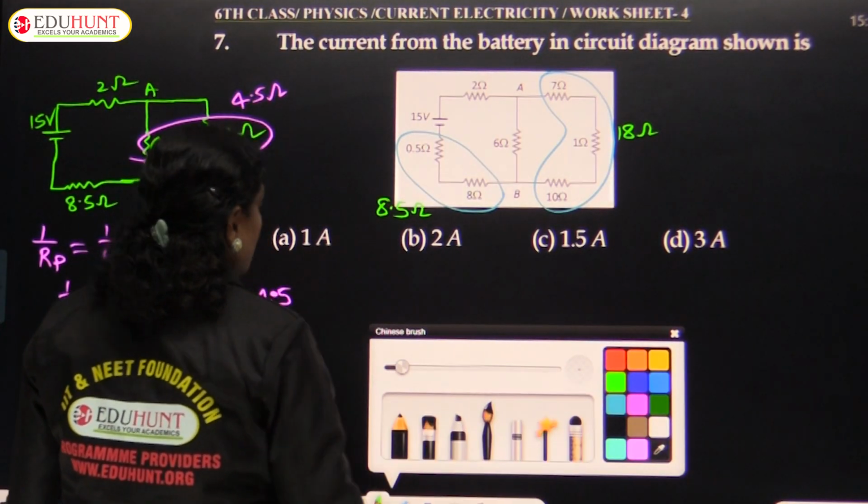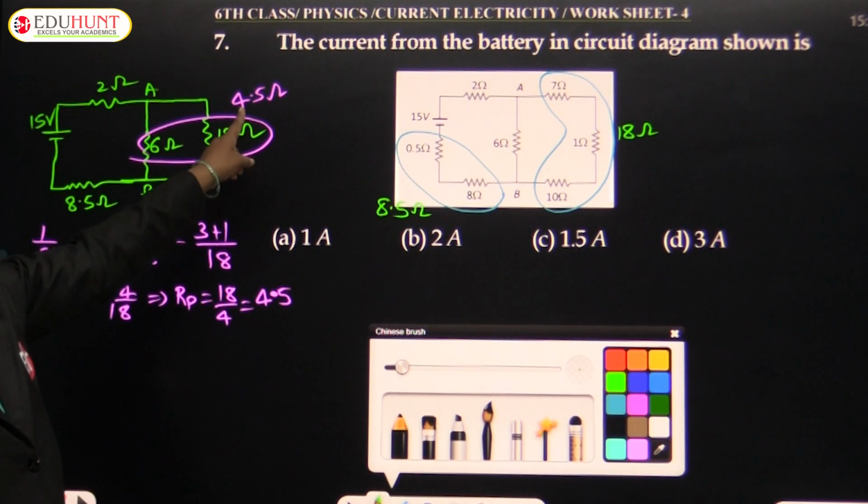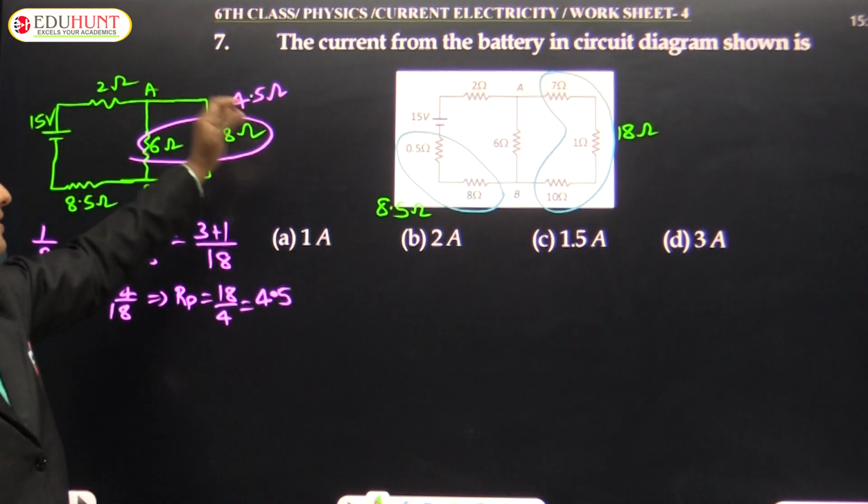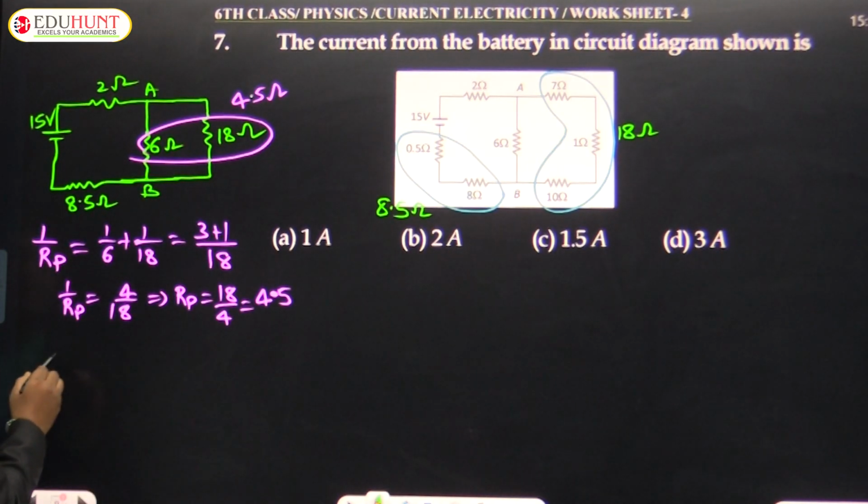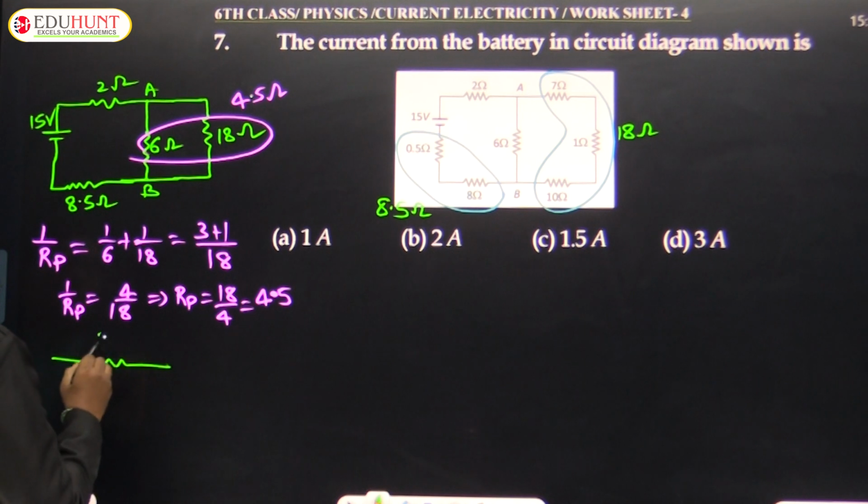Now, taking the simplified resistance as 4.5 and simplifying further, the circuit diagram will be somewhat like this.